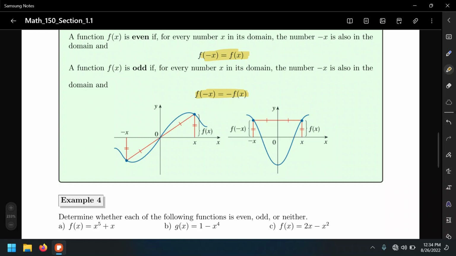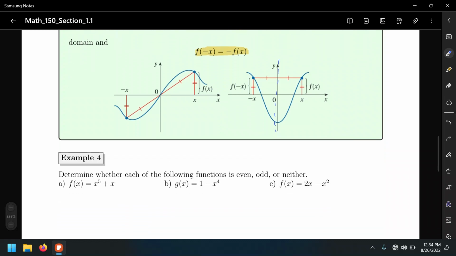For the even function, just rotate it about the y-axis and you get the same graph, that's even. Or another way is to think of the y-axis as a mirror reflecting the same graph on both sides. That's another way to identify even functions.